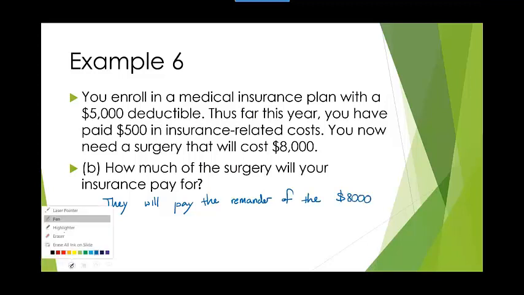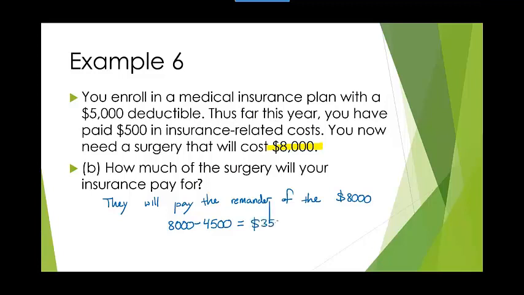So I'm looking here at the amount of the surgery that was specified. So you have an $8,000 surgery and you paid $4,500 of it, and therefore the insurance company will pay $8,000 minus $4,500, which is $3,500.